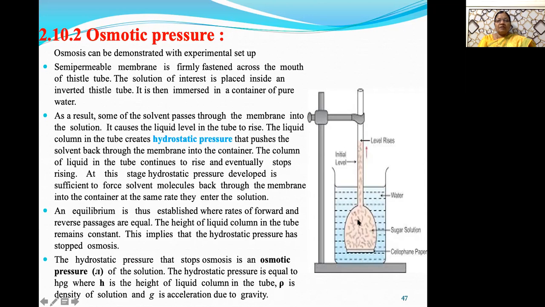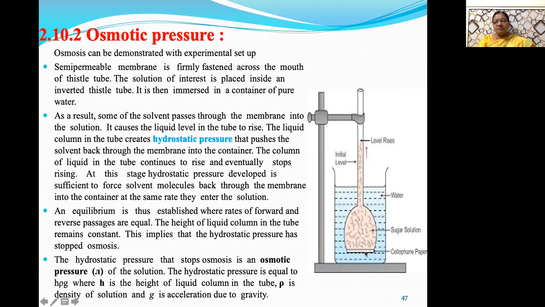Again, the liquid column in the tube exerts hydrostatic pressure. What does this hydrostatic pressure do? It pushes the solvent molecules back into the water in the outer container, through this semi-permeable membrane. Equilibrium is established when the rate of forward and reverse passages are equal.